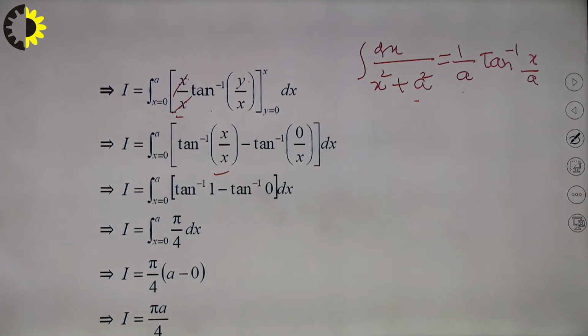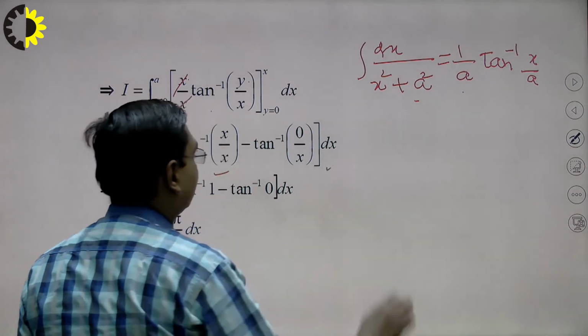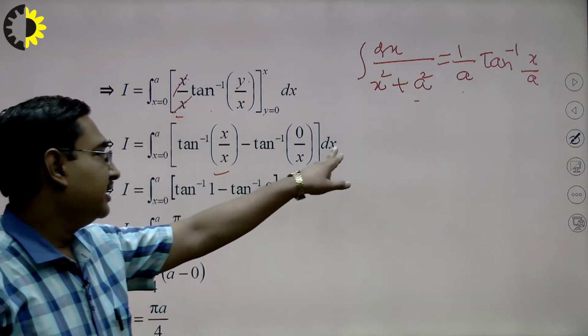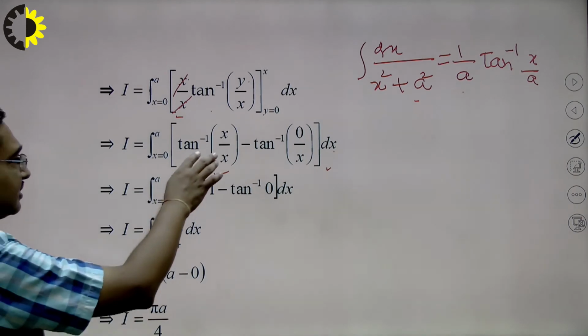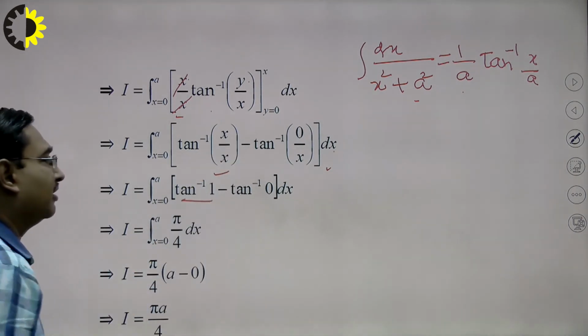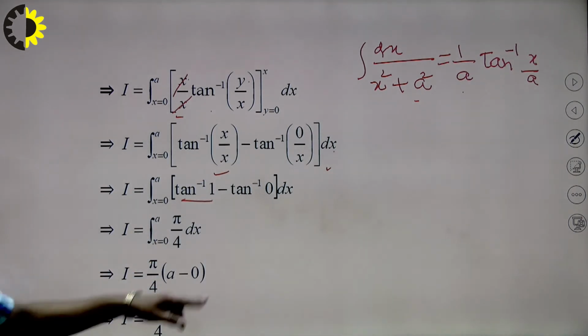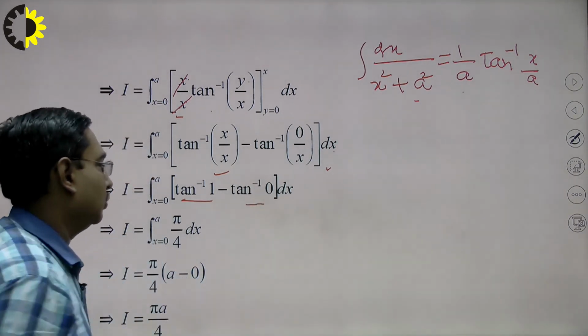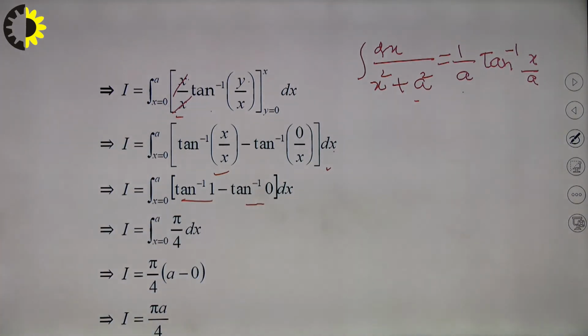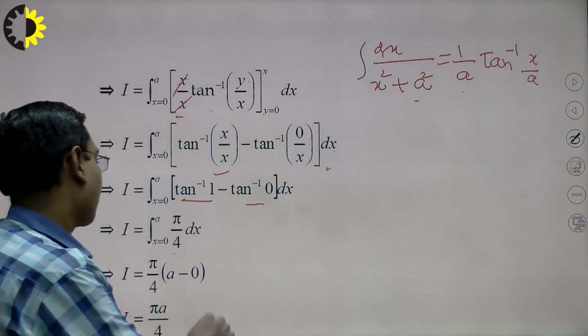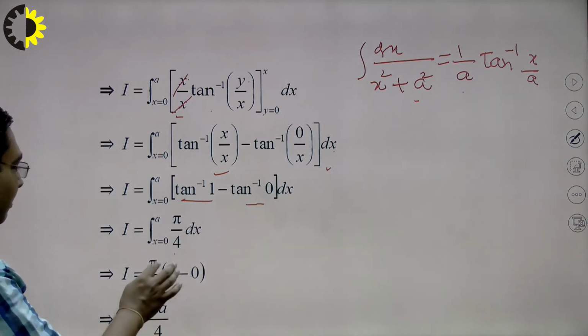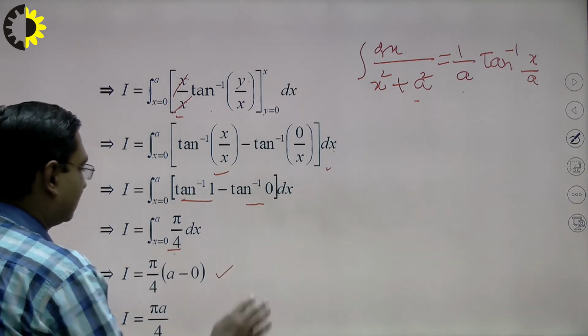Applying the lower limit, it gives tan inverse 0 upon x, dx outside. Tan inverse x upon x will give tan inverse 1, and this will be tan inverse 0. Tan inverse 1 is nothing but pi by 4. Tan inverse 0 is 0, so it will be pi by 4 times dx.